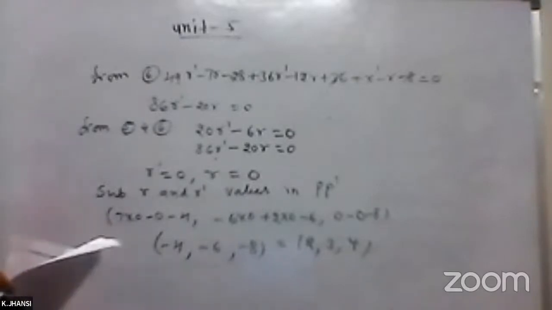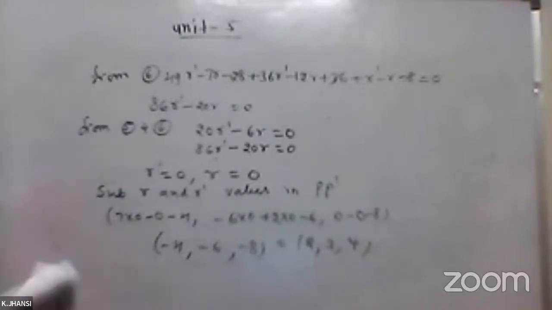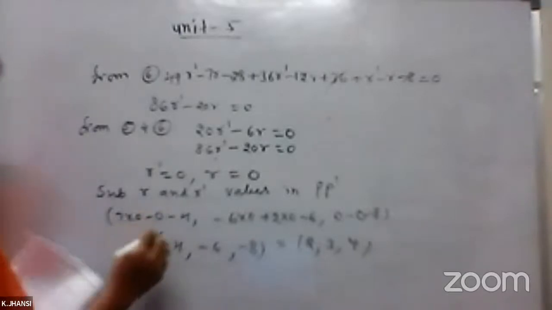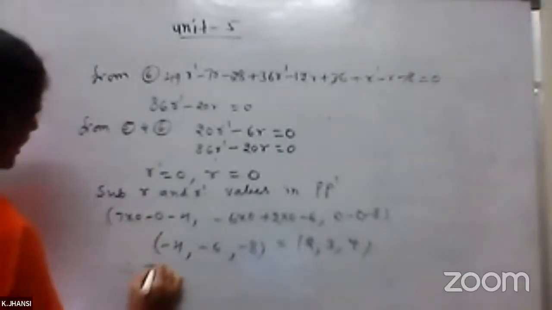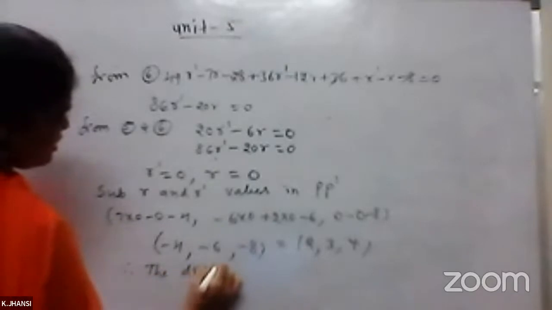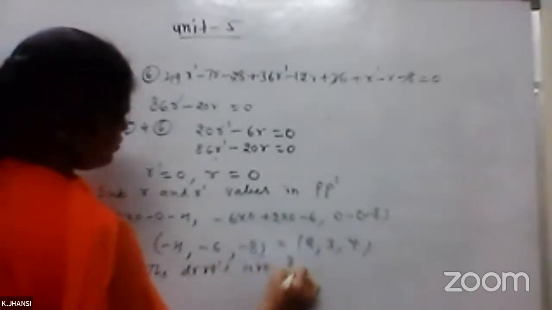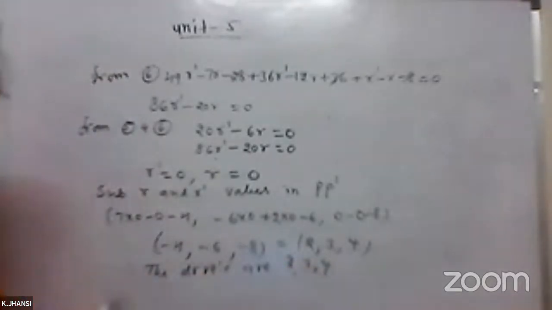2, 3, 4 as the direction ratios here. Similarly here also we have the direction ratios, therefore the direction ratios are 2, 3, 4. Now we need to find the shortest distance. Okay.